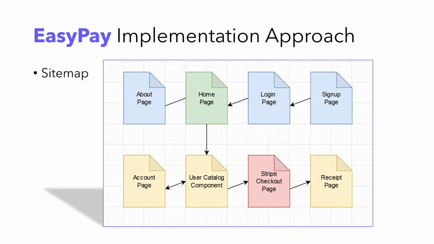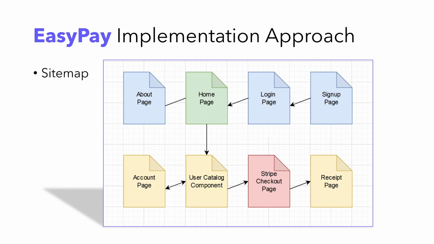For our sitemap, we have 8 different pages you can land on. The green homepage is our main point of entry, which is tied to an about page where you can read about the app, gives more information on what it is, a demonstration of how to set up an EasyPay account with Stripe and begin creating products. We have our login and sign up page.